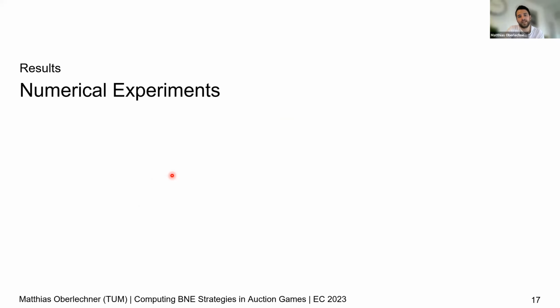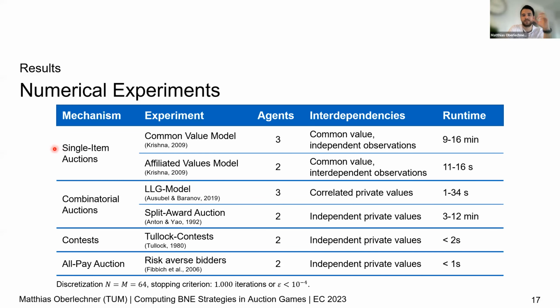Okay, so let's talk briefly about our numerical experiments. We applied this procedure to many different mechanisms. Here we can see a few single item auctions and even small combinatorial auctions where we know the analytical Bayes Nash equilibrium so that we can compare our computed solution with the analytical one.